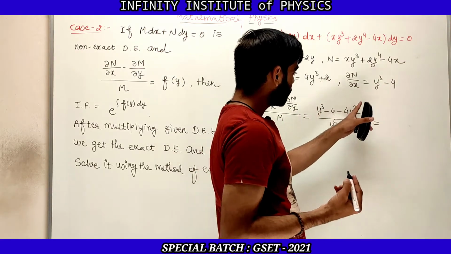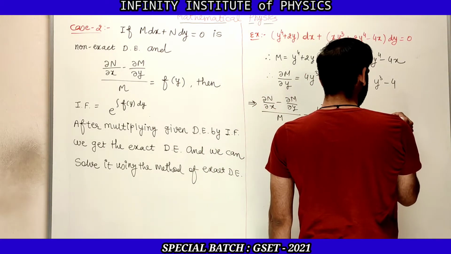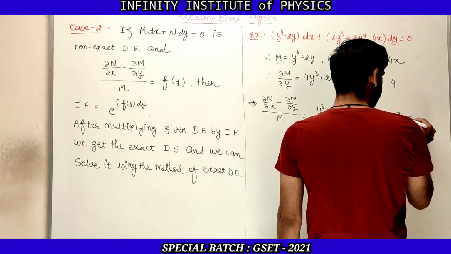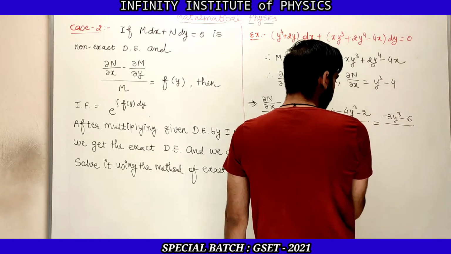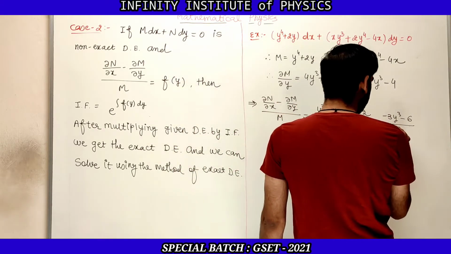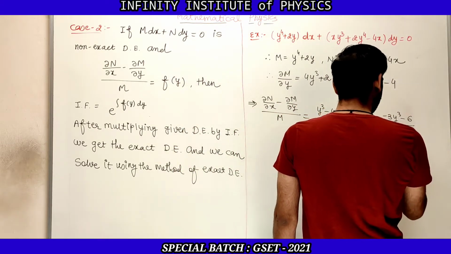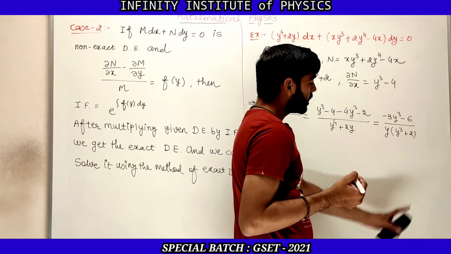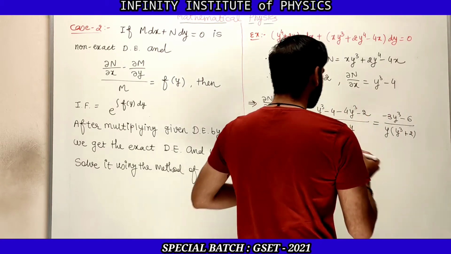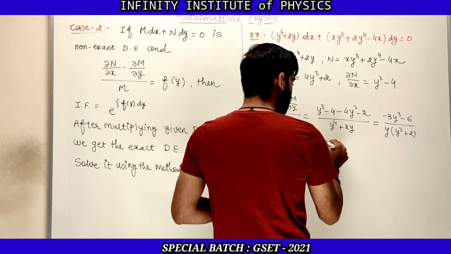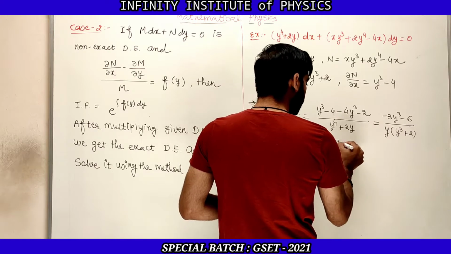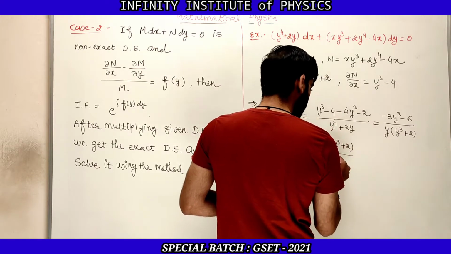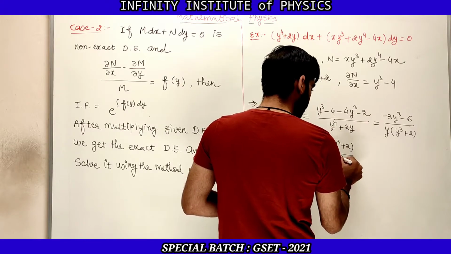Now y cube minus 4y cube is minus 3y cube, and minus 4 minus 2 is minus 6, upon, taking y common from the denominator, y into y cube plus 2. From the numerator let us take minus 3 common, so it is minus 3 into y cube plus 2, upon y into y cube plus 2.